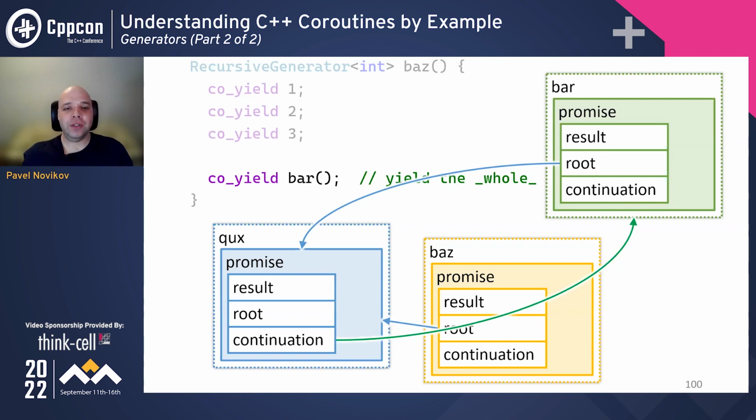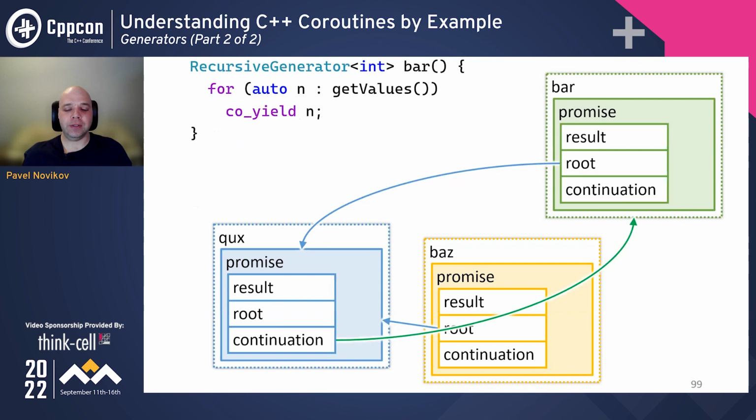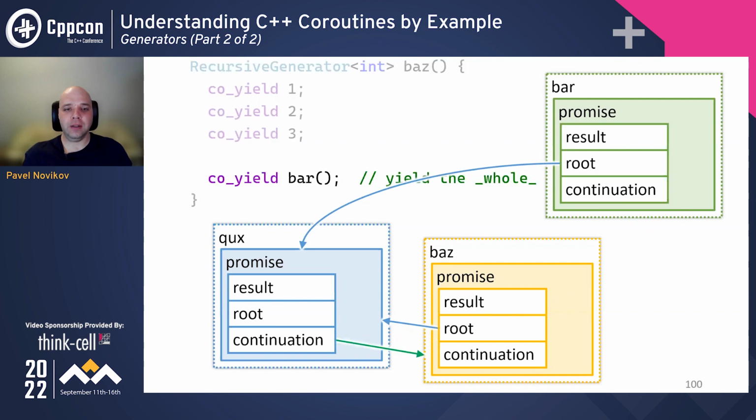Yes, I get it. So the point is that we ask for values from cooks generator, and if we set it like this, we would have to imagine that you have an arrow from bus continuation to bar.